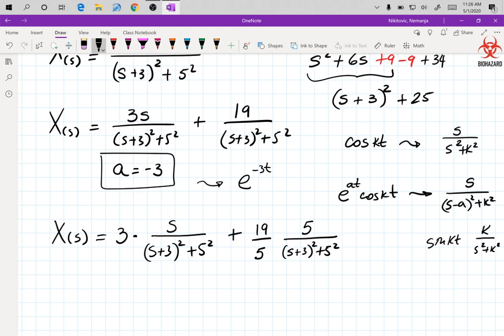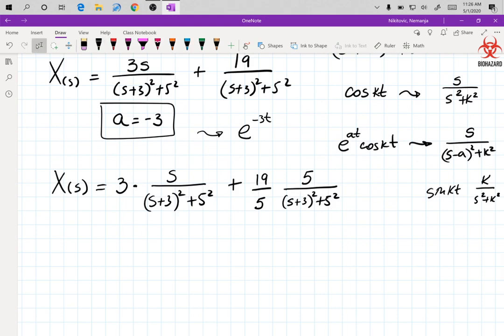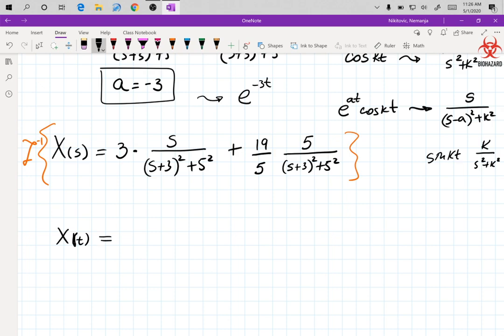I will have, right over here, when I now apply inverse Laplace, this becomes x of t, because inverse Laplace takes the X of s into x of t. And this term, because it's s plus 3 squared, not s squared, spits out e to the -3t, and then we have times 3 cosine 5t.